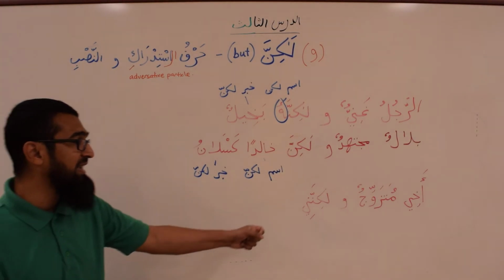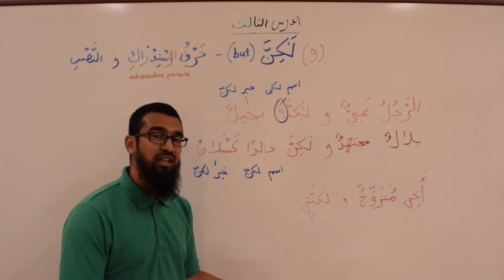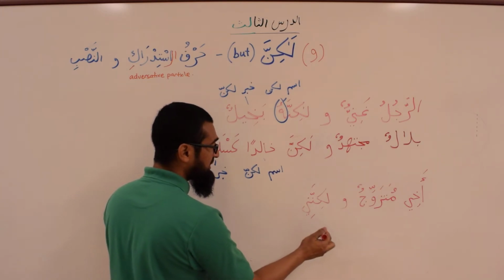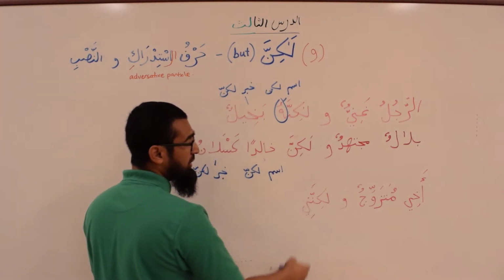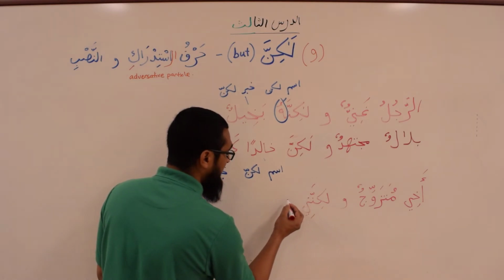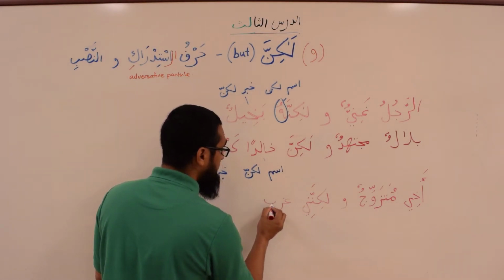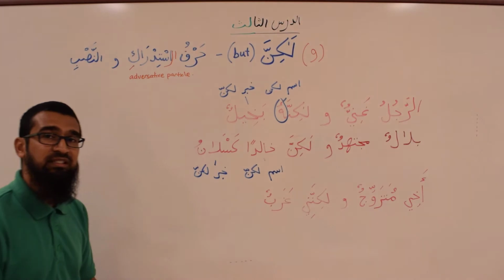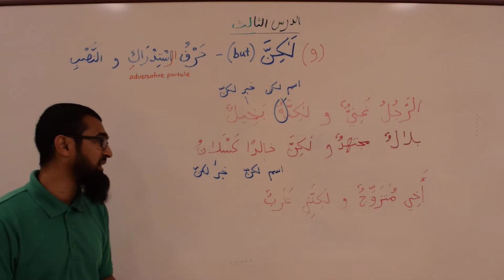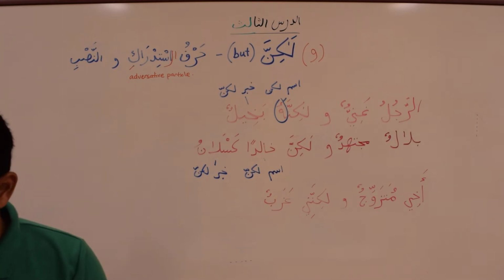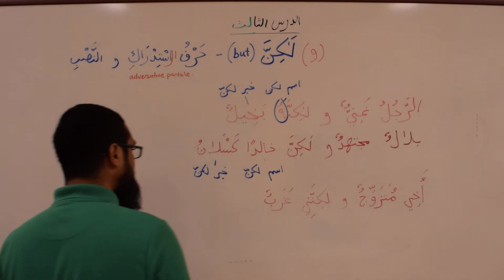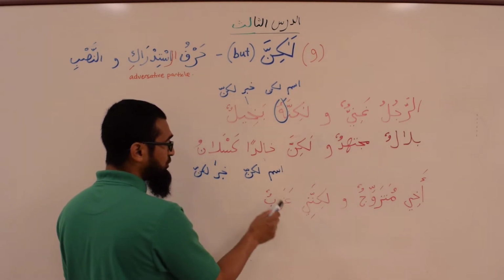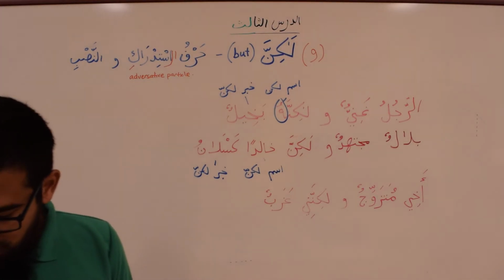You can also say walakinni with one noon, just like you can say inni and innani. Remember, you can remove this noon here. Walakinni azabun. Azab means single. أخي متزوج ولكنني عزب. Where is the ism of lakinna? It's the ya al-mutakallim, and the khabar of lakinna is azabun. We'll look at two more examples.